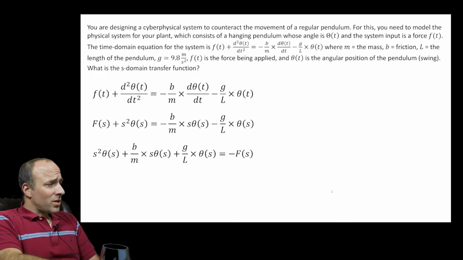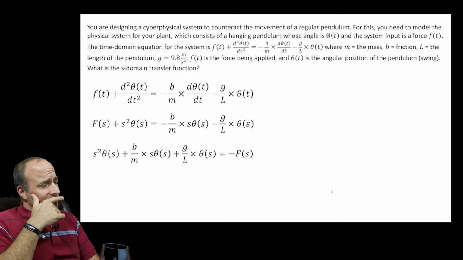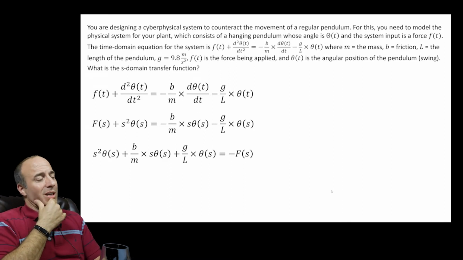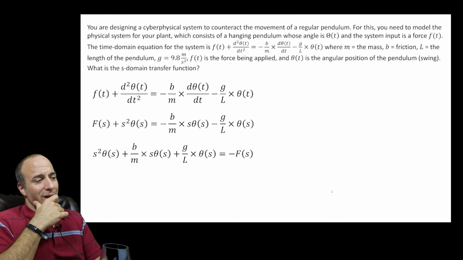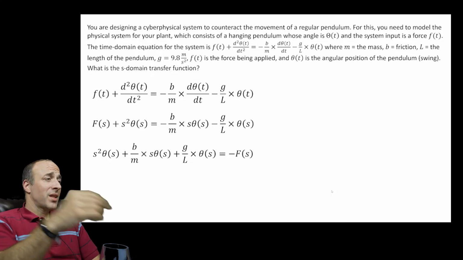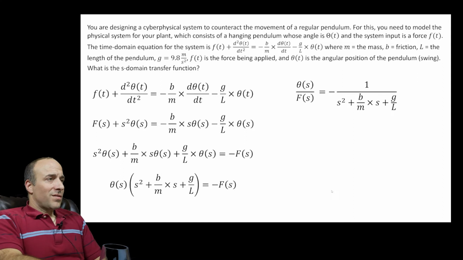And so the problem here is we need to get all the theta of s terms on one side of the equation and the F of s on the other side, because remember, our objective here is to solve for F of s over theta of s. So then we can factor out theta of s and then divide.